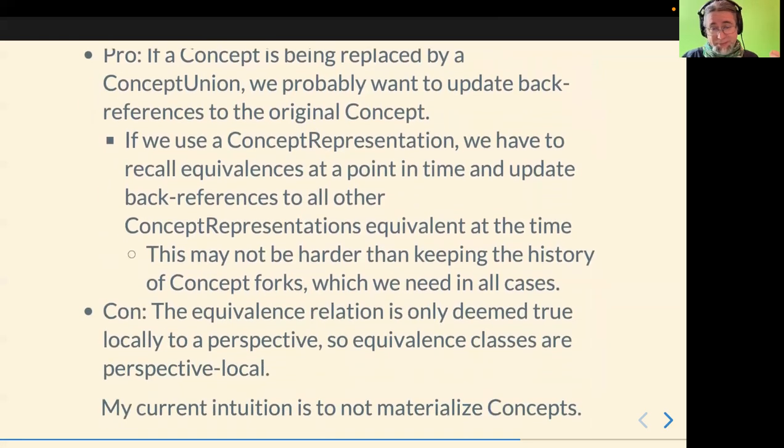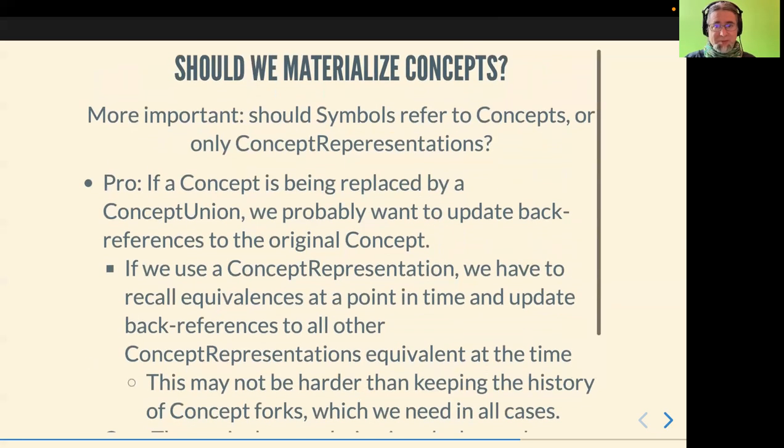On the other hand, an equivalence relation is deemed true or deemed false within a perspective. So the equivalence class exists within a perspective, they're local. And that's why I'm very uncertain about materializing them. So what I'm saying is statements, because of progressive formalization, will start with symbol references, but we should resolve them to concept representation, not to the equivalence class of concept representation, not materialize the equivalence class and point to the concept.